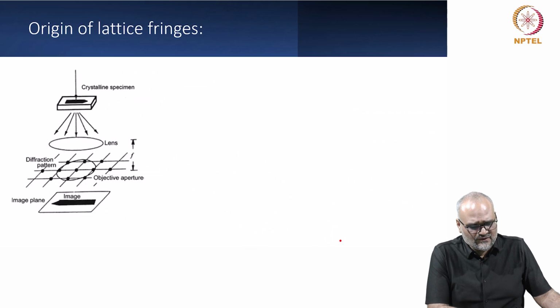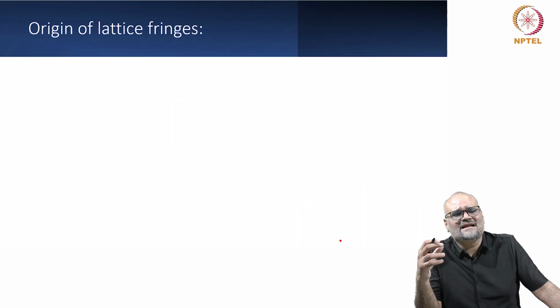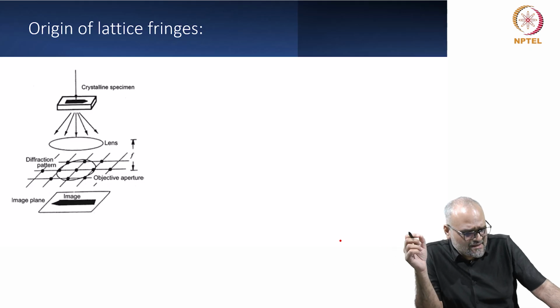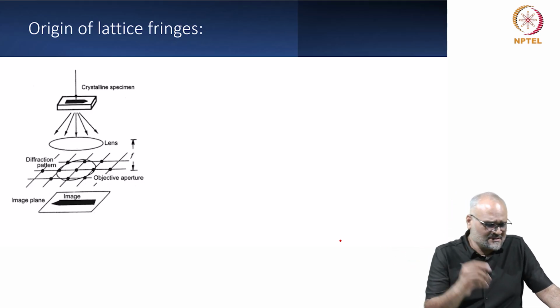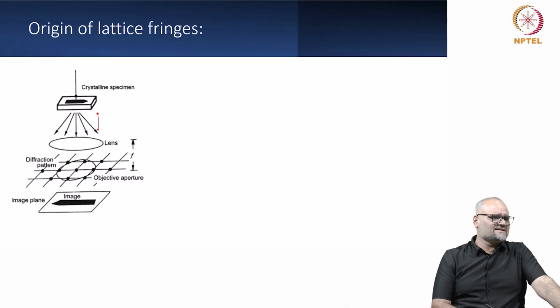So if you look at how this mathematical reconstruction written here appears physically within the microscope, when I have a crystalline specimen, the forward scattered electrons go through the objective lens.